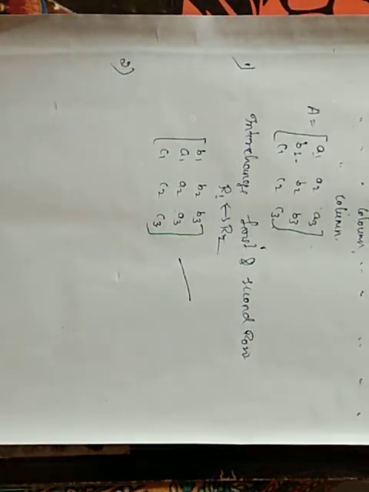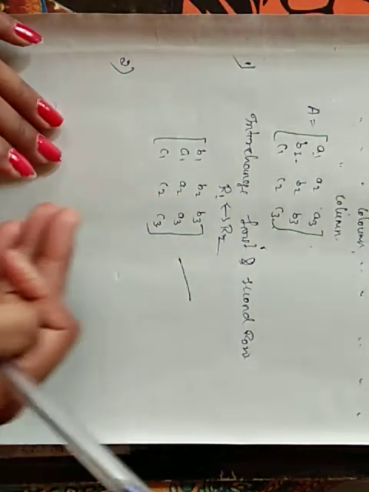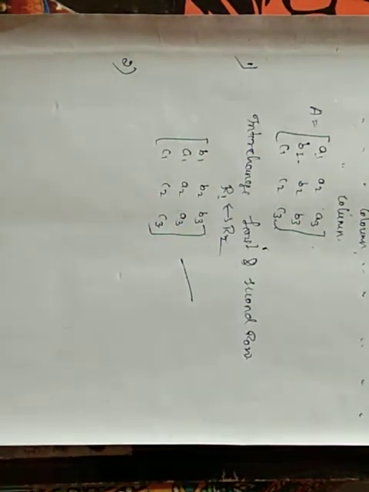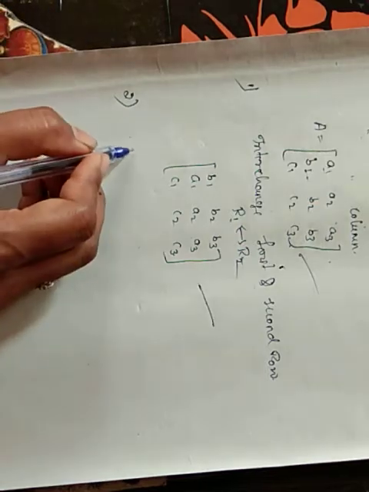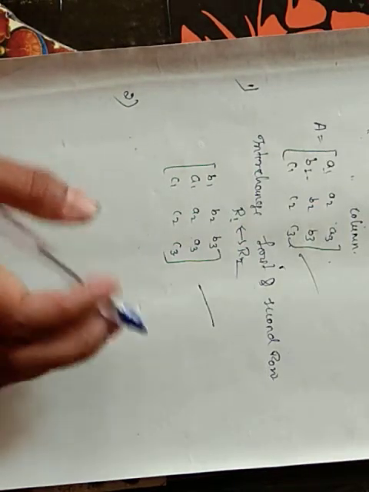Second rule says multiplication of any row by a non-zero constant term. Don't connect the first and second; the second rule is applied separately to the matrix A. Now I am applying the rule, multiplication of any row by a non-zero constant.